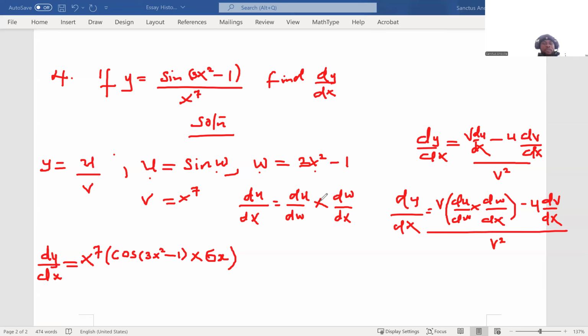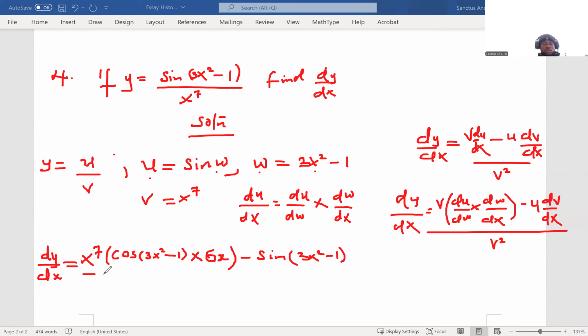All right, so I'm going to cover this now. Okay, so this, I will now put minus u. What's our u? Our u is sine w. And what's the w? This. So we now put sine bracket of 3x squared minus 1.